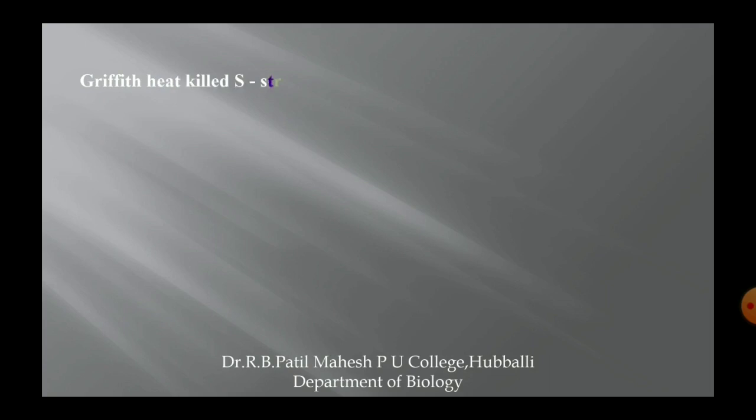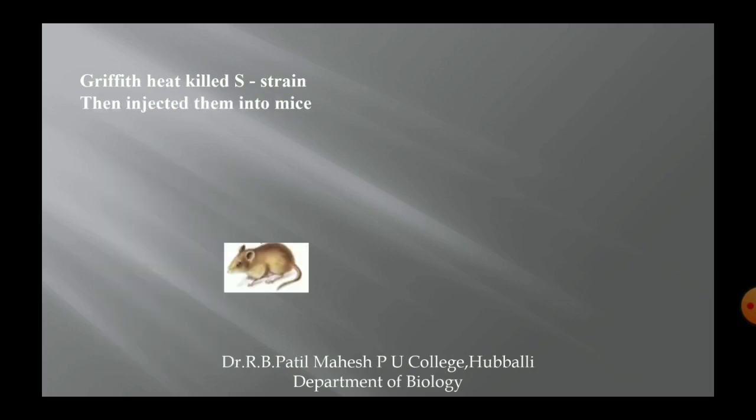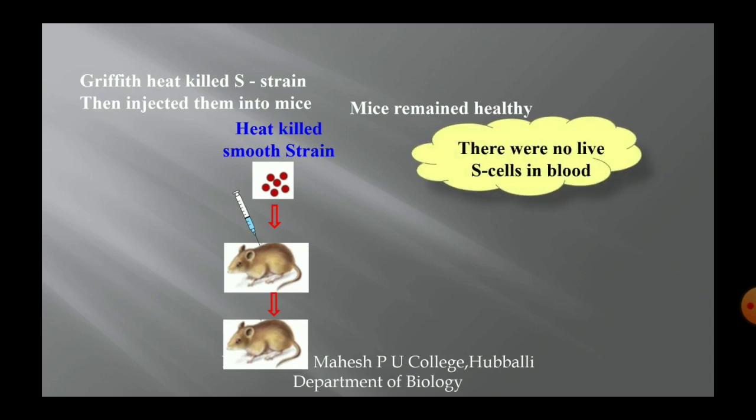In the third experiment, Griffith injected heat-killed S strain into the mice, and the mice survived and remained healthy. There were no live S cells in the blood or tissues.